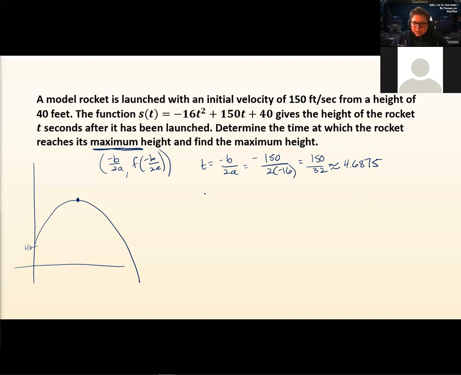And then the second part of that is doing S of 4.6875, right? Which is negative 16 times 4.6875 squared plus 150 times 4.6875 plus 40, which is approximately what? I'm entering it in my calculator right now. No, you're good.